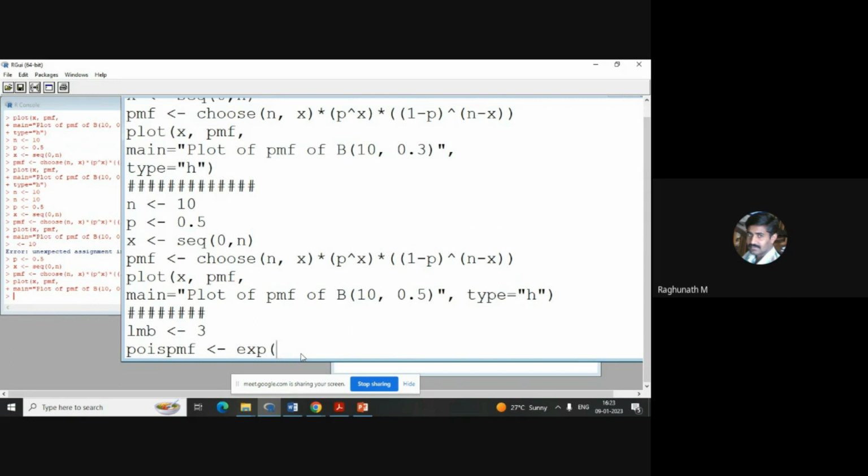Exp of minus lmb, whatever name you have given for the lambda, times the next term, lambda to the power of x, lmb to the power of x. That means x I have to define. I will define it.